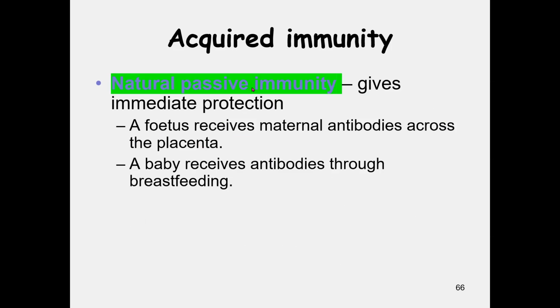Now the natural passive immunity gives immediate protection. A fetus gets antibodies from the mother across the placenta, and it also gets antibodies through breastfeeding. This is a problem for mothers who can't or refuse to breastfeed and bottle feed, as the baby's missing out on all this.